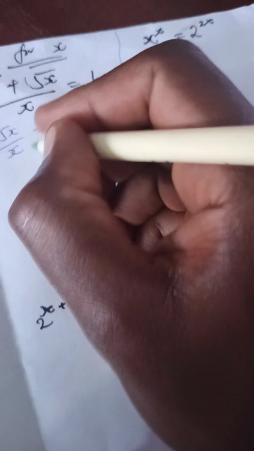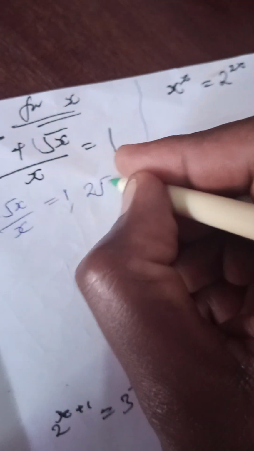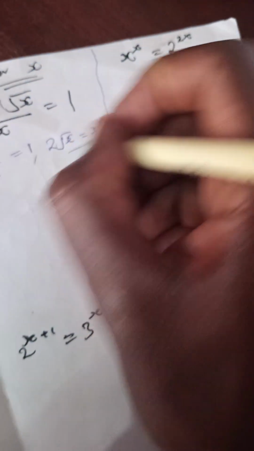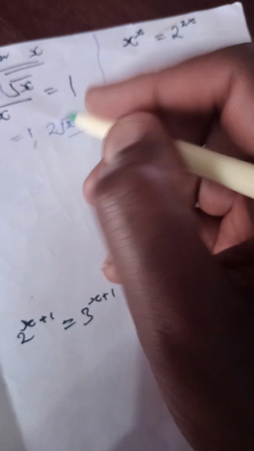So we cross multiply to get 2 root x is equal to x. So from here you can do away with this root by squaring.